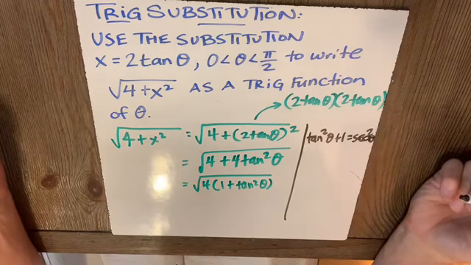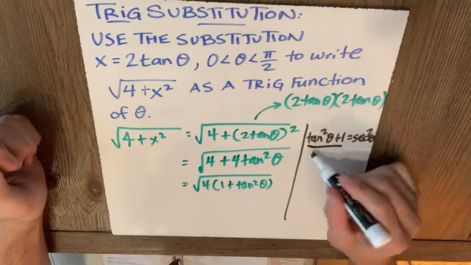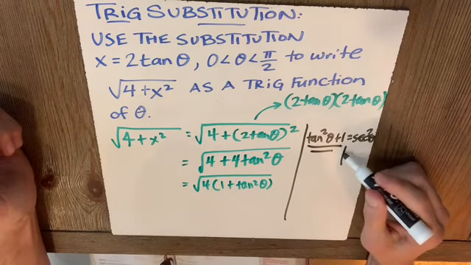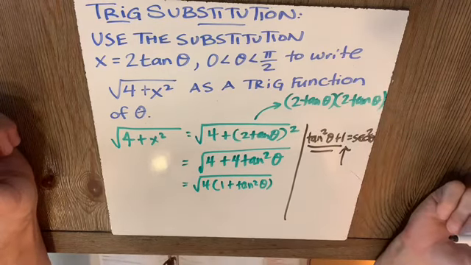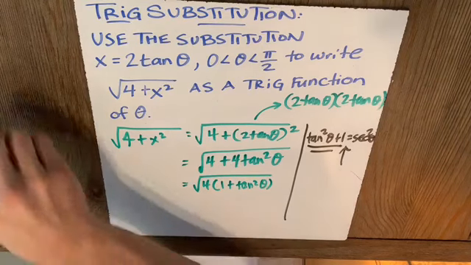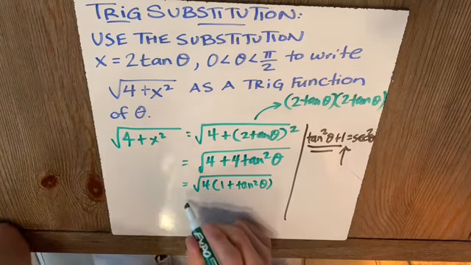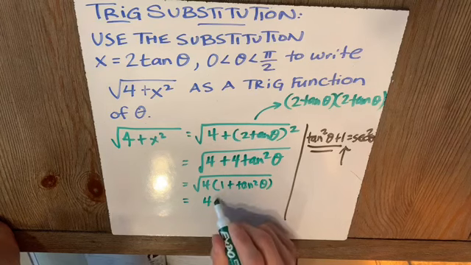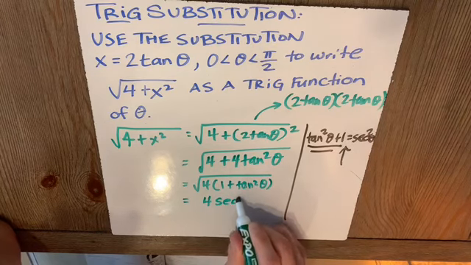By the way, that's because I know my identities. So anytime I see tangent squared theta plus 1, I can write that as secant squared theta. So this expression becomes 4 times secant squared theta.